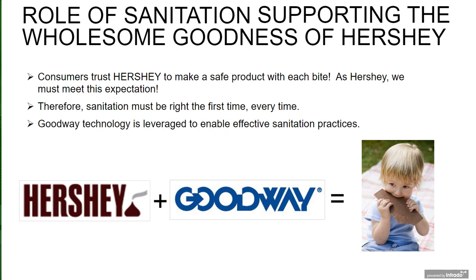And that's where the teamwork between Goodway and Hershey has come into play, where with Goodway technology, we've really been able to leverage their equipment to enable more effective sanitation processes. So we really appreciate what they've done and how they've helped our team so far.